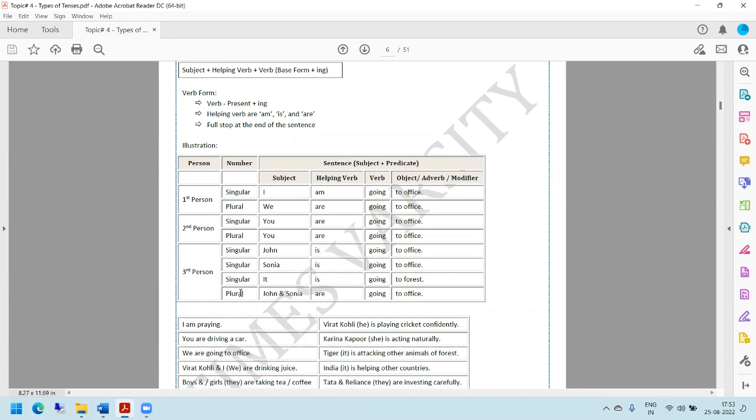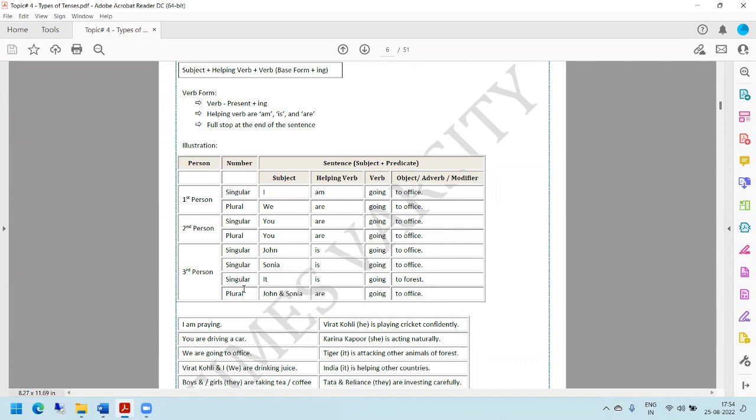And for third person plural, John and Sonia are going to office. Since you is used for singular and plural, are is used here. And for all plural pronouns, are is used. For first person plural, are.